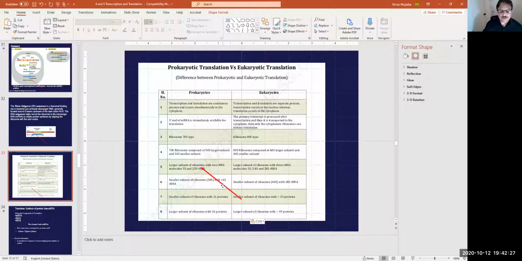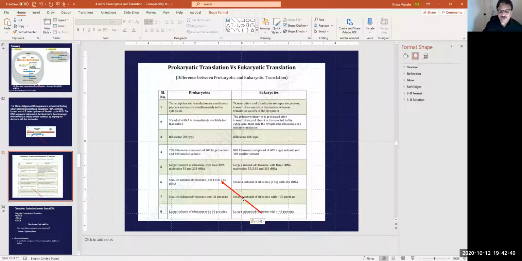Also pay attention to the larger subunit, which has two rRNAs, 5S and 23S in bacteria, whereas the eukaryotic larger subunit has three rRNAs, 5S, 5.8S, 28S.